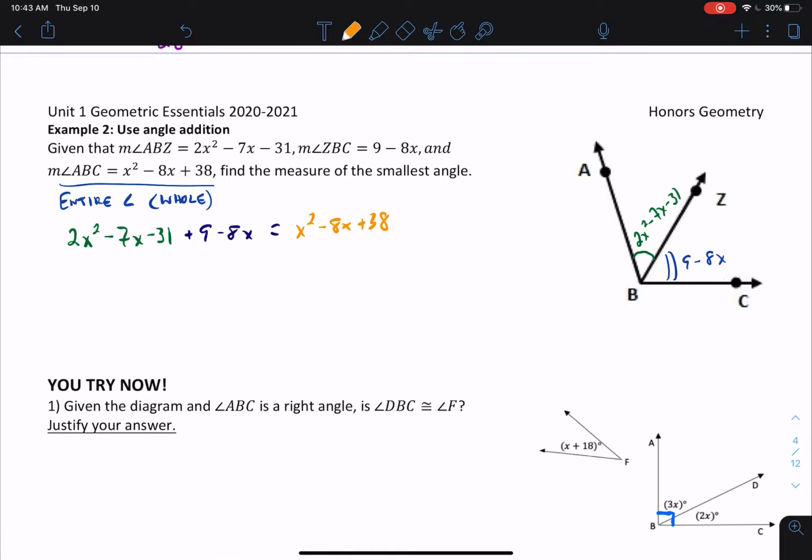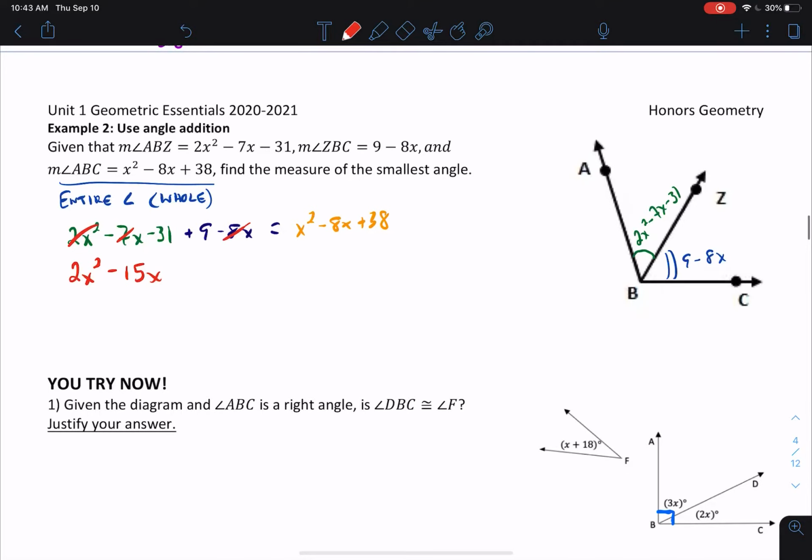So from here, I have to combine like terms before I get this quadratic set equal to 0. The left-hand side is going to become 2x squared minus 15x minus 22 equals x squared minus 8x plus 38.